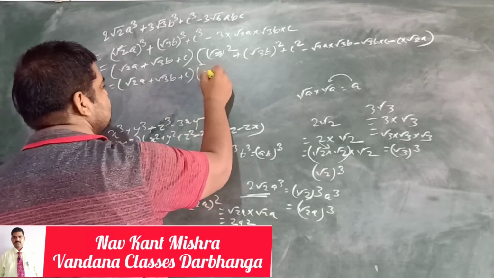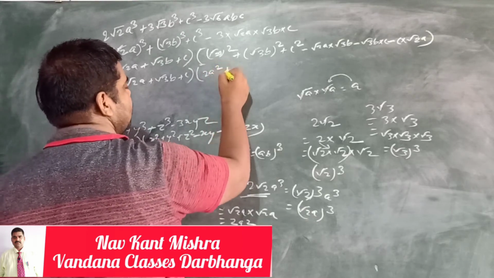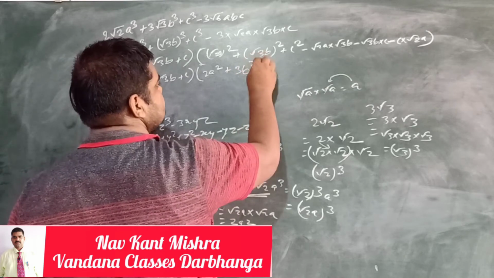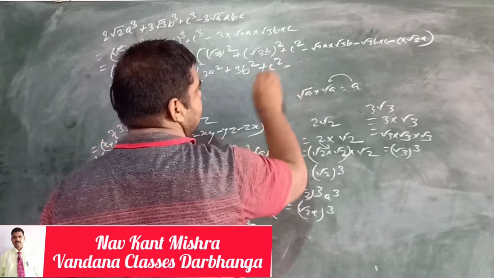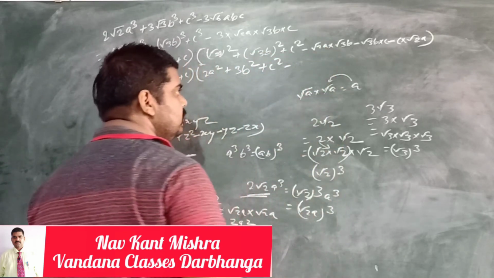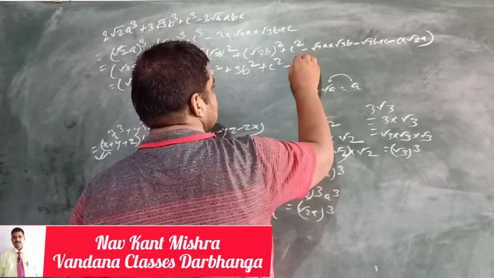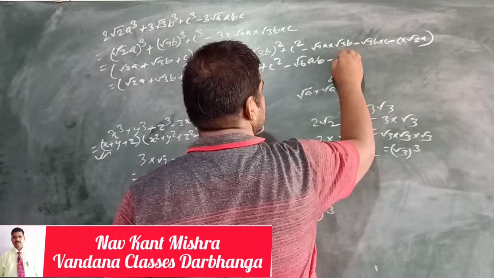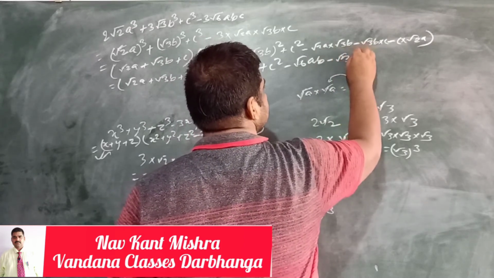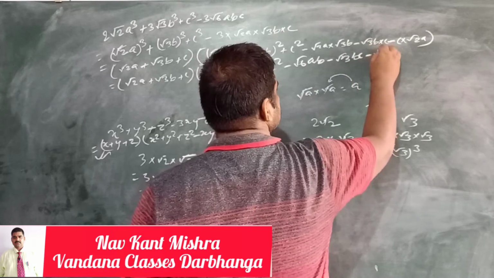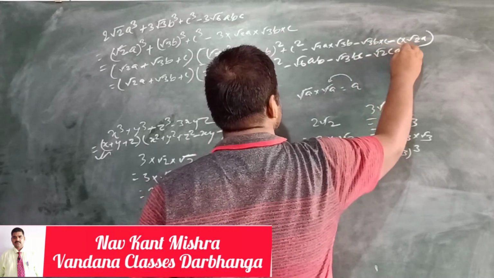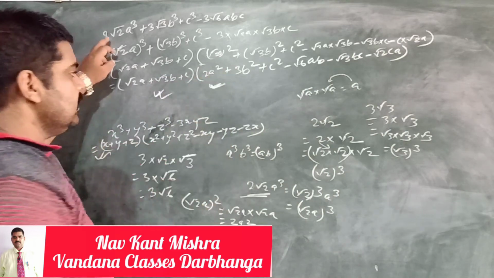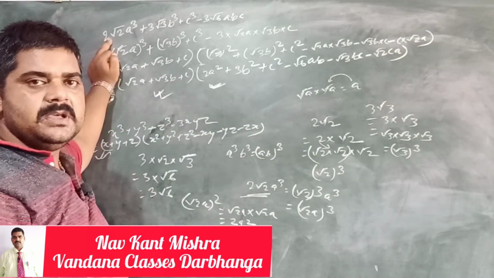So you can write 2a square plus, when you multiply, you get 3b square plus c square minus root 2 multiplied by root 3, you get root 6ab minus root 3bc minus root 2ca. That will be the product of this algebraic expression or polynomial.